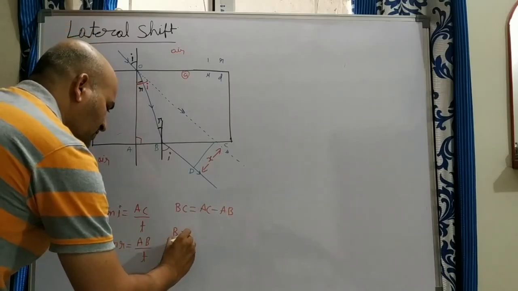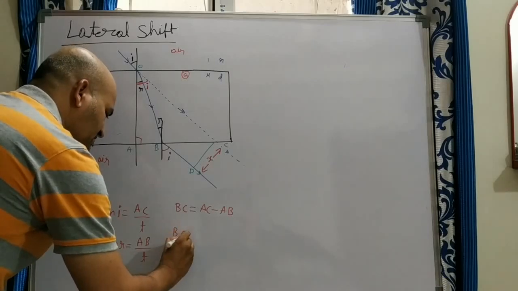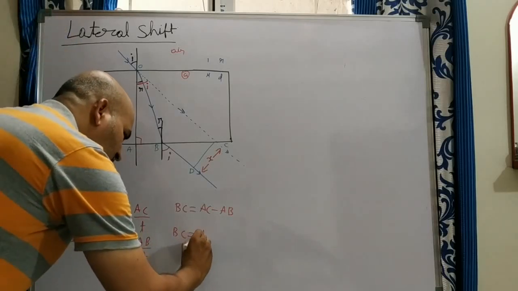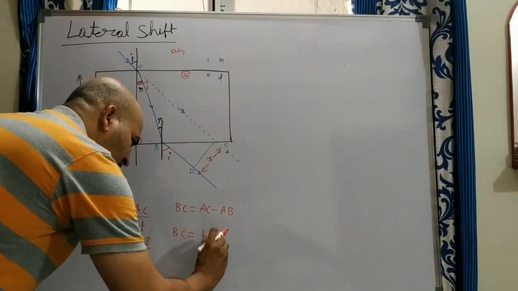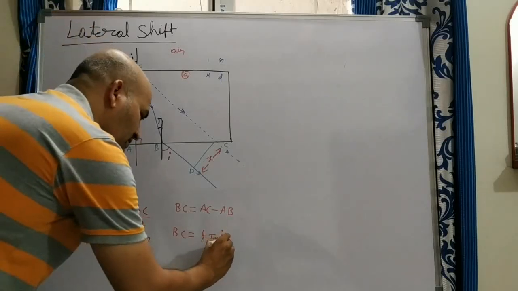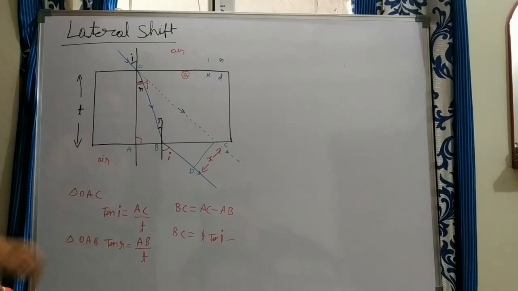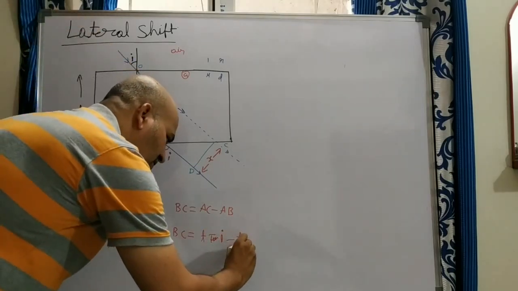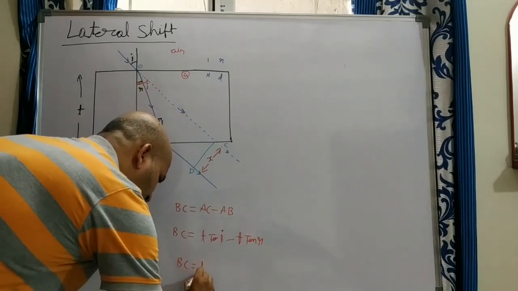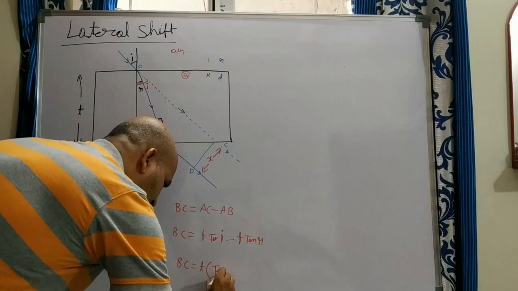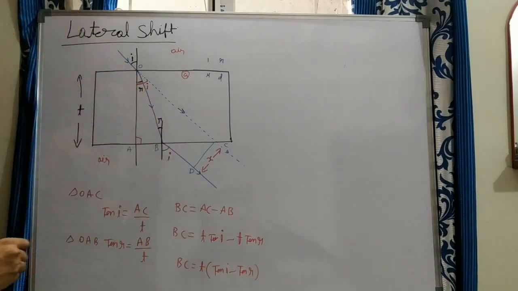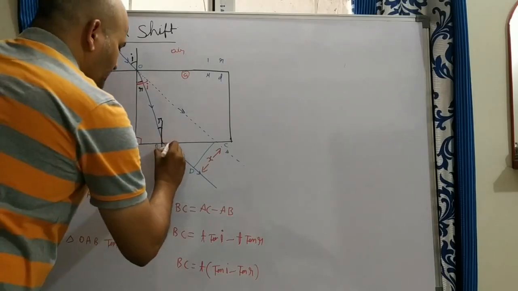So BC is equal to AC, which is T tan I, minus AB, which is T tan R. Taking T common, BC is equal to T times tan I minus tan R. This is the distance from B to C.